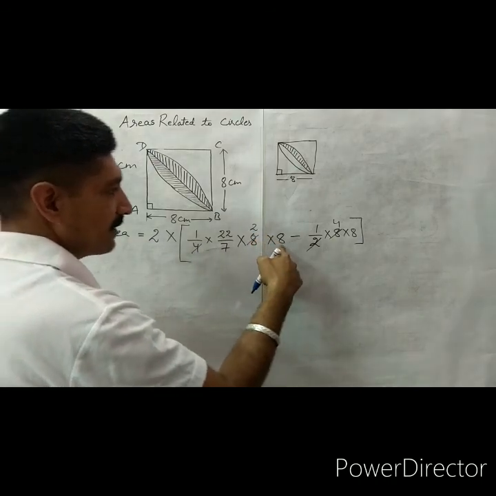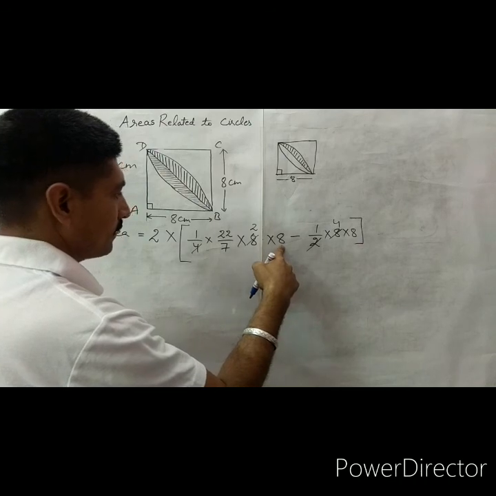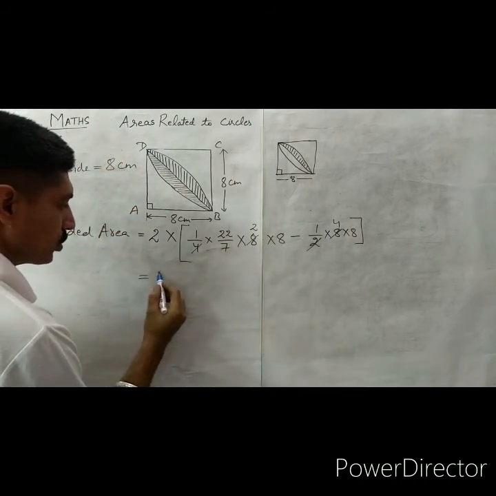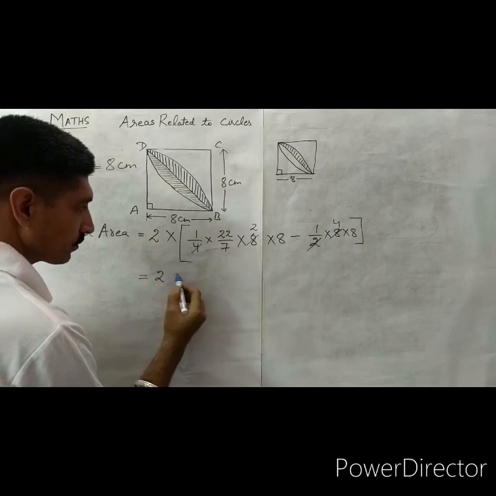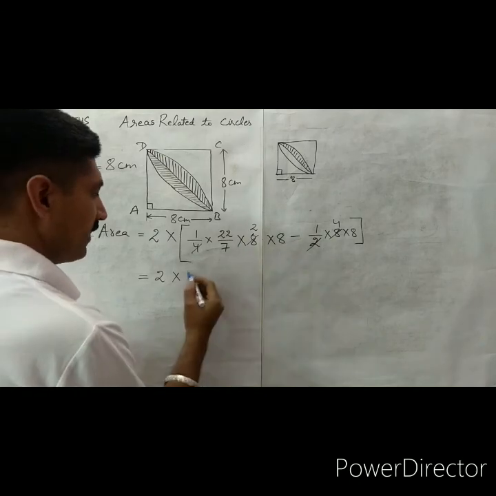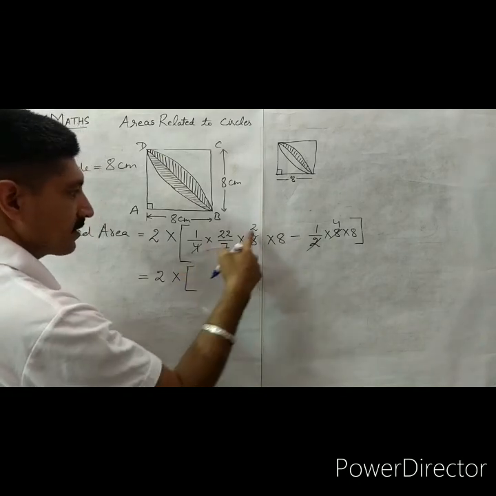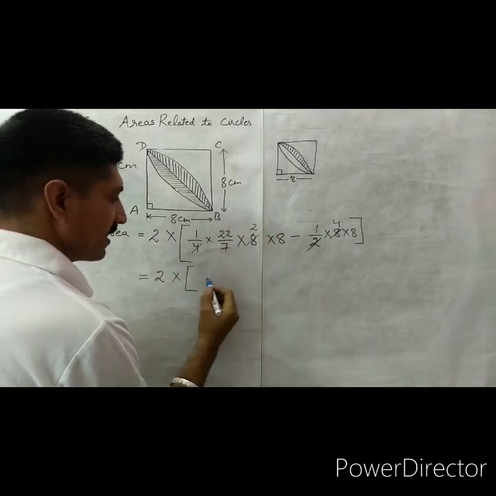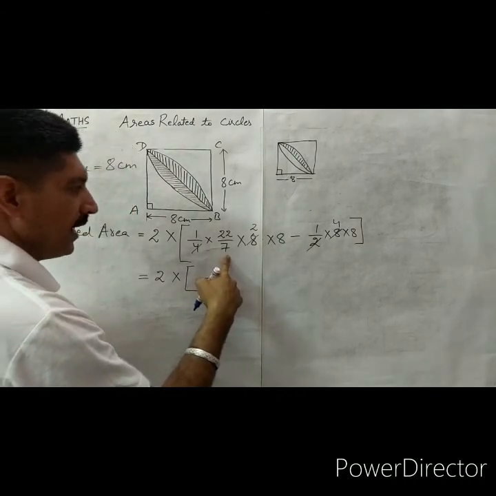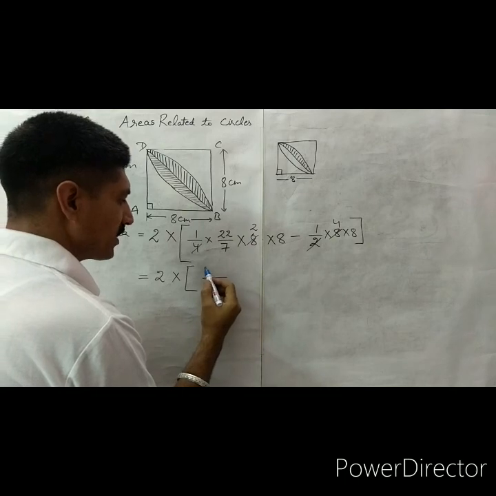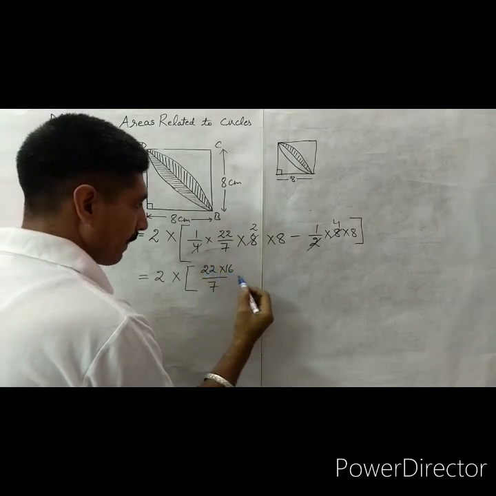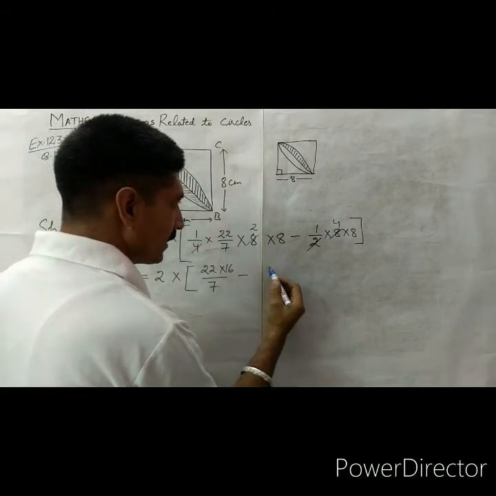Or we can take 2 into, here we have, let's complete it, 7 is in the denominator, and here 22 into 16 minus 32.